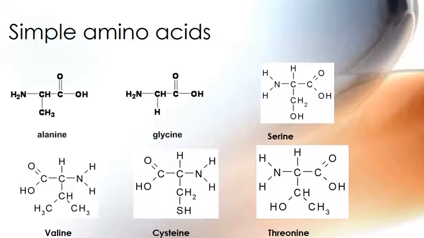If you're given a question that doesn't have them drawn in this way, just redraw it that way because it makes it so much easier when it comes down to determining how to either link them together to form a peptide or how to break up a peptide to form an amino acid. Just a little piece of advice.